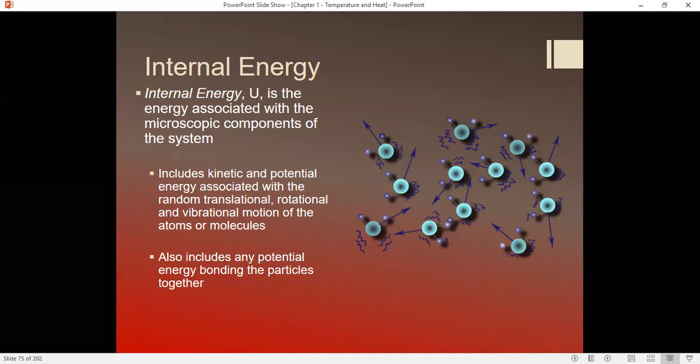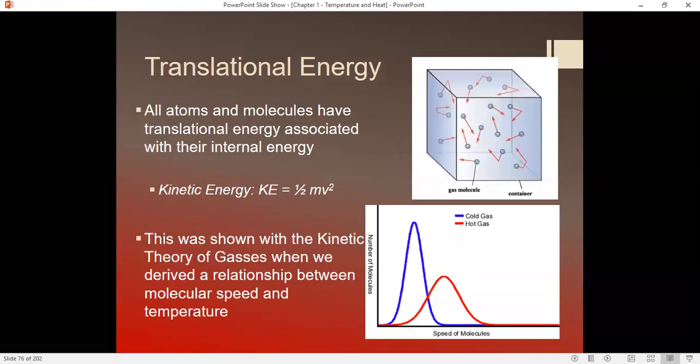But we can exchange heat, we'll talk about this in the next section, without changing the temperature, where a phase change takes place. And that's where we're affecting the potential energy. So again, internal energy is just basically a summation of all the energy that we don't physically see, but microscopically it's there.